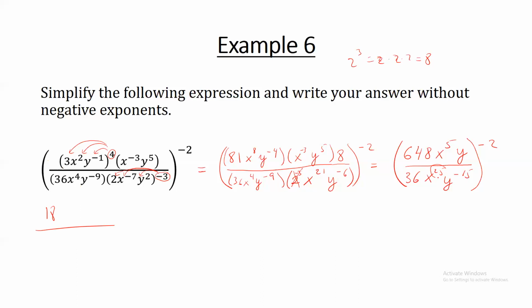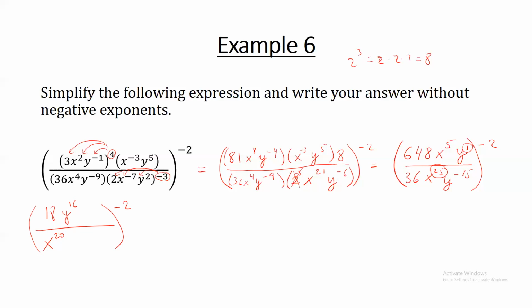X's, we have a bigger exponent on the bottom, so 25 minus 5 is 20. That's x to the power of 20. We write that on the bottom. And here y is like y to the power of 1, and we have a bigger exponent on the top than on the bottom because 1's bigger than -15. And 1 minus -15 is 16, so that's y to the power of 16. And the whole thing is raised to the power of -2.